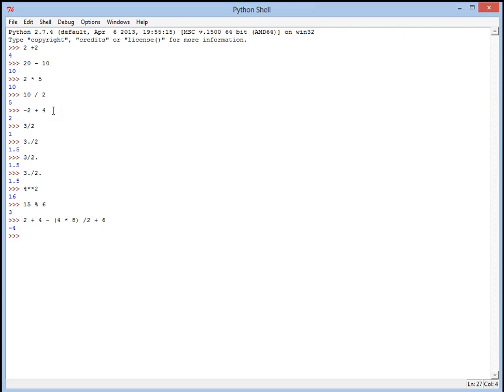And it does it in accordance to the order of operations, and we can find that out by doing, let's see, 2 plus 4 minus, we'll put in the 4 times 8 part. Oops.